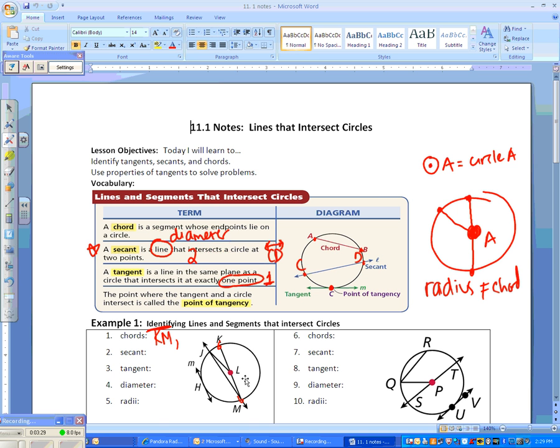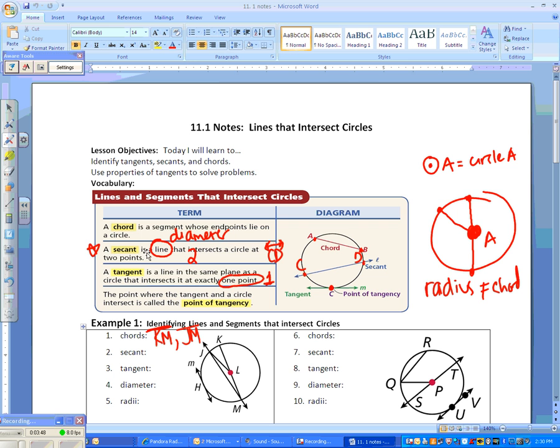Are there any other lines that hit it twice? Yeah, this part, JM, does hit it twice, once here and once here. When I say JM, I'm talking just about this part of the line, nothing else. I don't think there are any more. Okay, so we're done with chords.